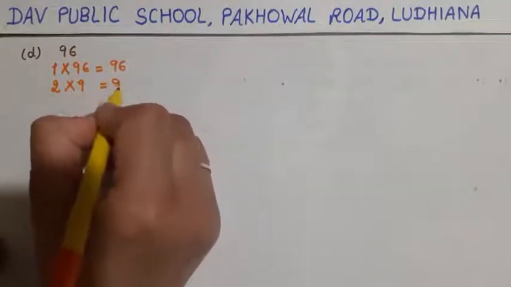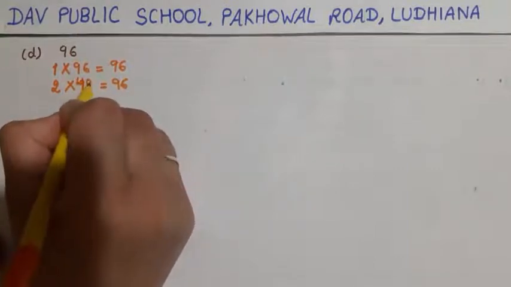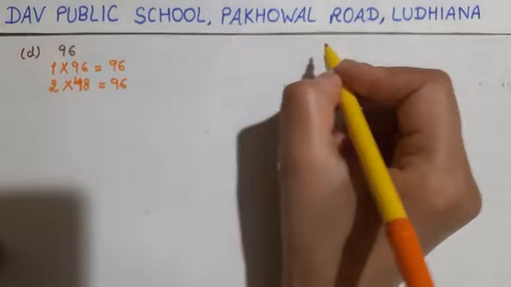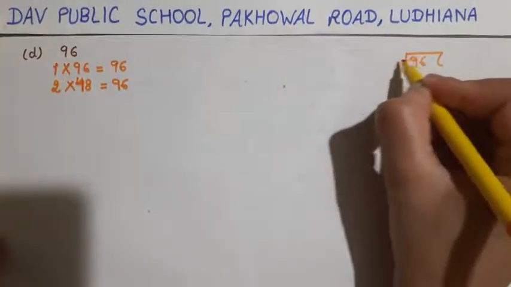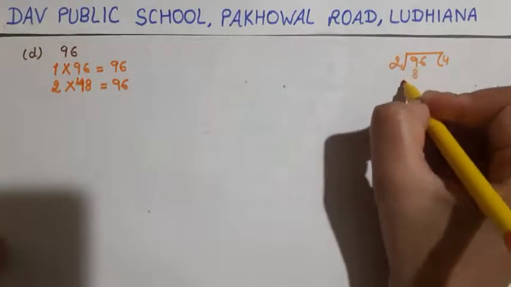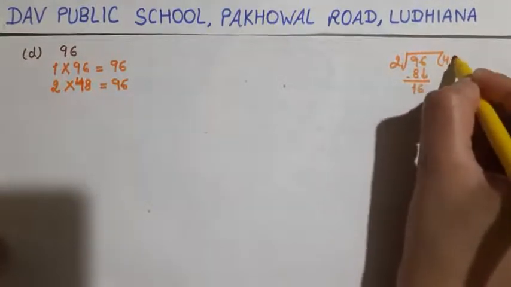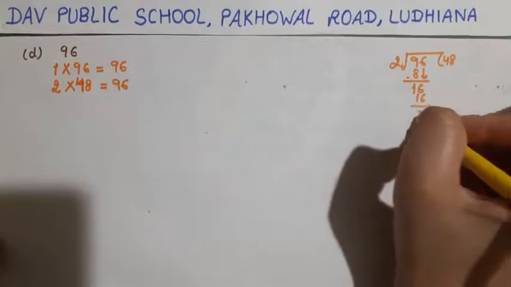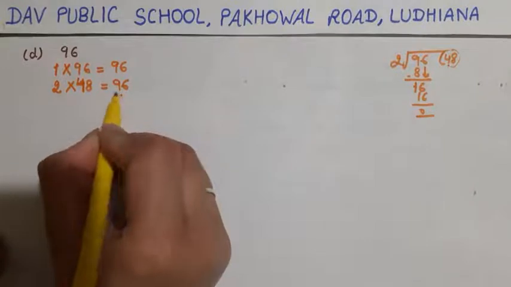Sorry, 2 multiplied by 48. You can divide in rough work. 2 fours are 8 and it is 1. 6 down, 2 eights are 16. So remainder is 0. So you will get 2 multiplied by 48 is 96.